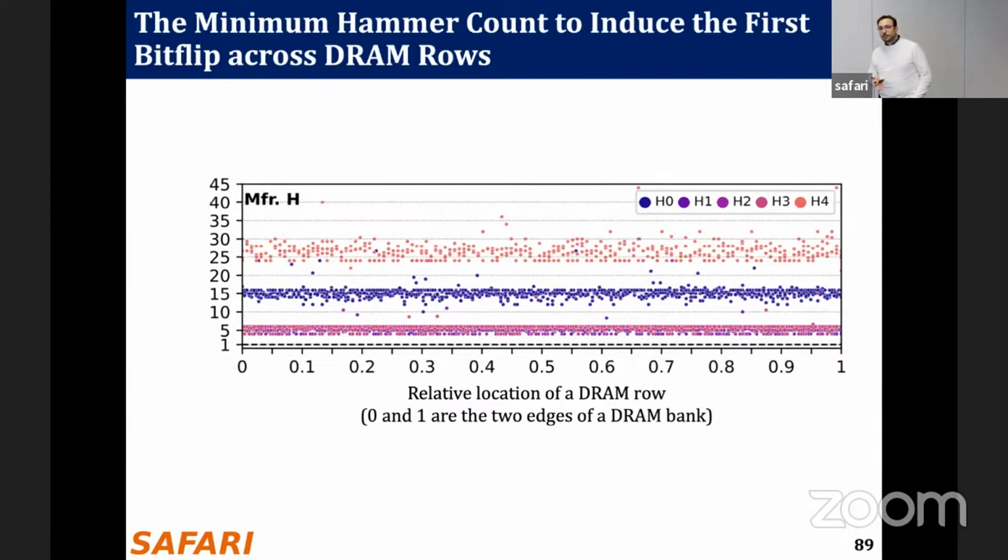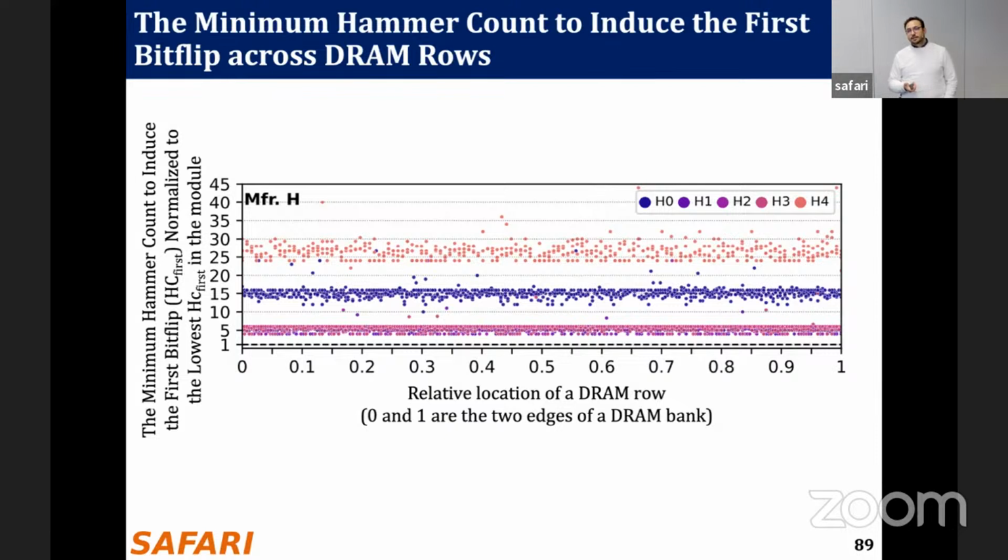The leftmost point, 0, and the rightmost point, 1, are the two edges of a DRAM bank. The location on the x-axis just shows the relative location of a DRAM row in the DRAM bank. And on the y-axis, we have the minimum hammer count, or HC first, of this particular row.